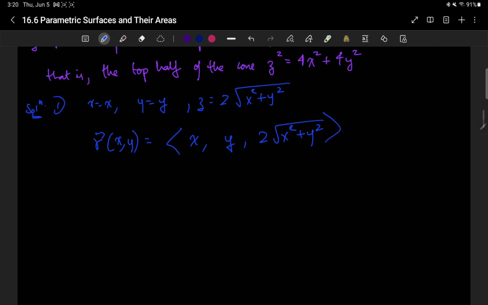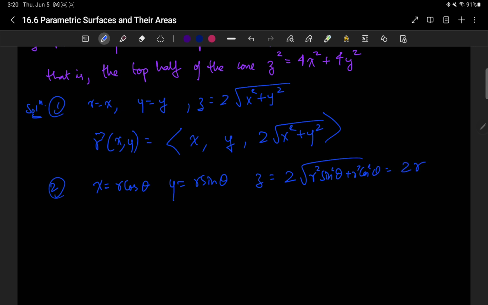But there's another solution. The second solution is if we use r and theta as parameters. So I can set x equals r cosine theta, y equals r sine theta, and z will become 2 square root of r squared sine squared theta plus r squared cosine squared theta, which comes out to be 2r.